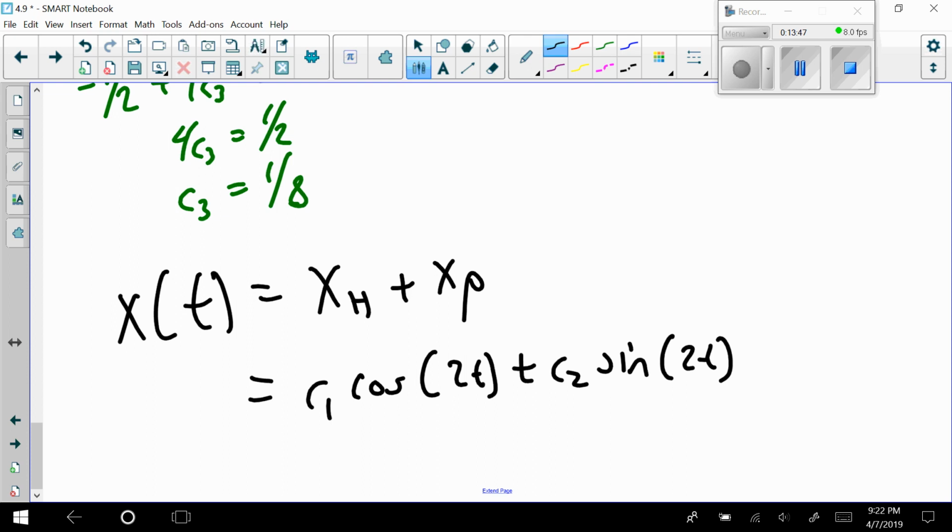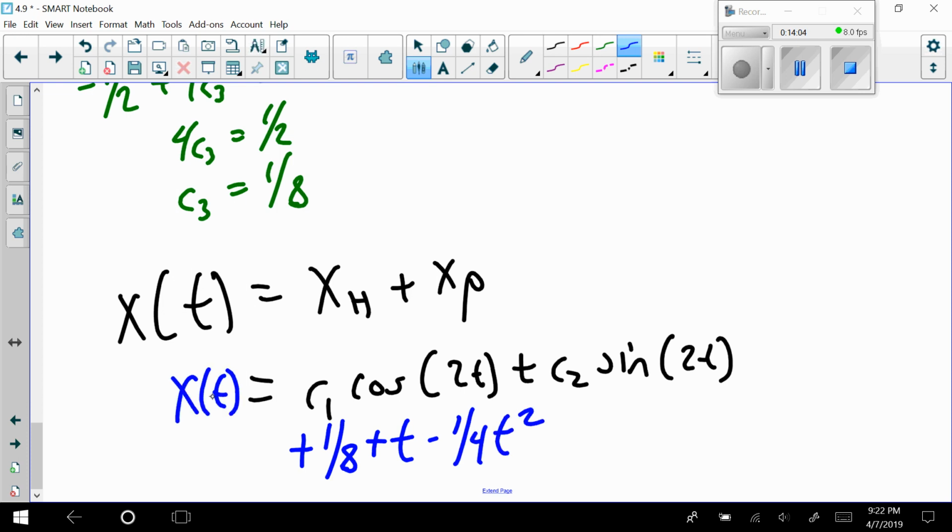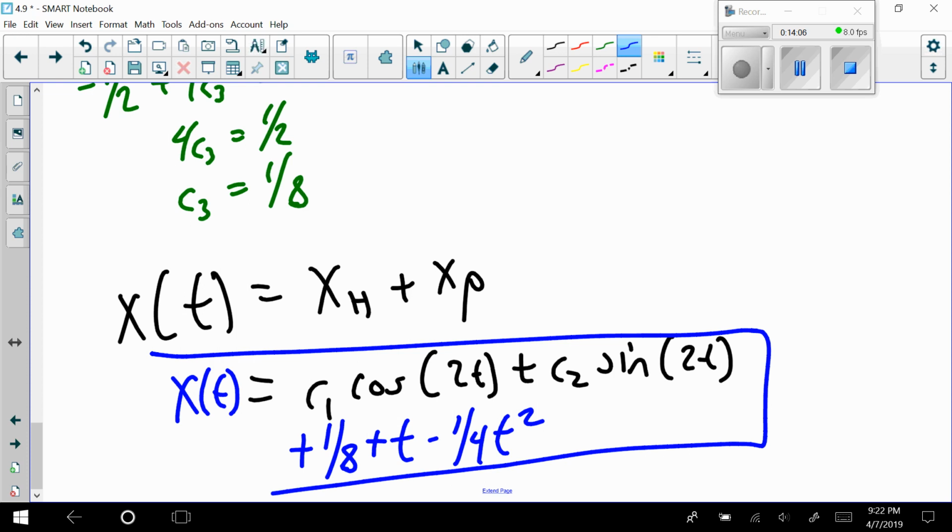And then our particular solution with the variables filled in would be plus 1/8 plus t minus 1/4 t squared. And then I have x of t. Now I have 1/2 of the answers, right? Okay. Of course, we're not quite done, right?